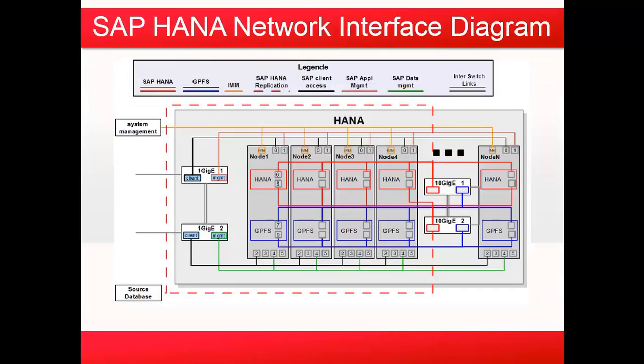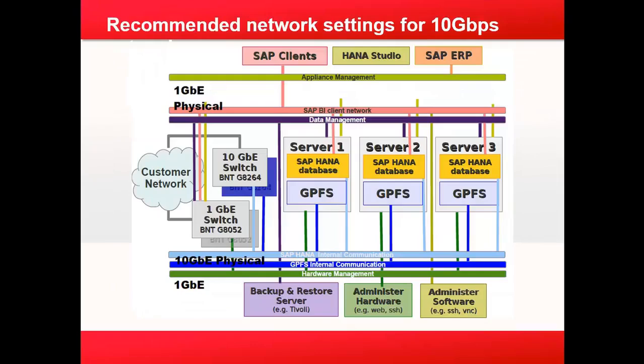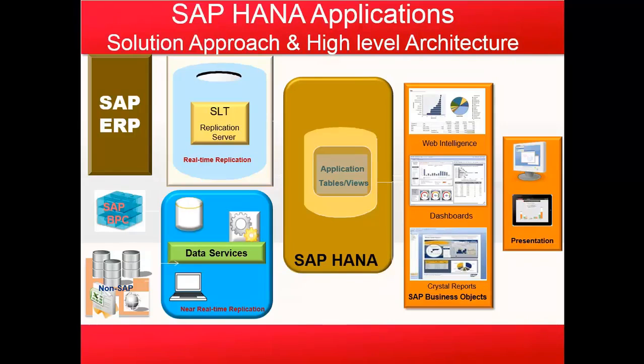Let's go to the next slide, which talks about the different network interfaces it can have. It talks about the different layers and how GPFS plays a role in file system storage management. Then here we are talking about the solution approach, that is, what types of typical scenarios you can have.